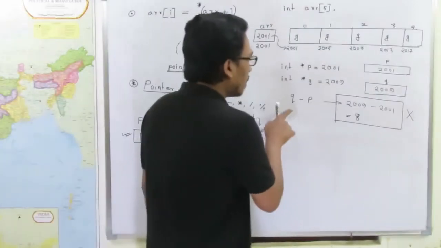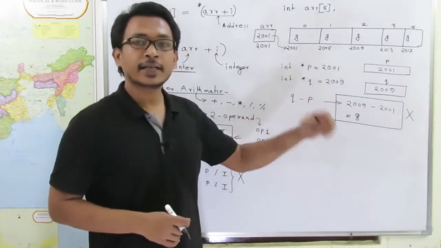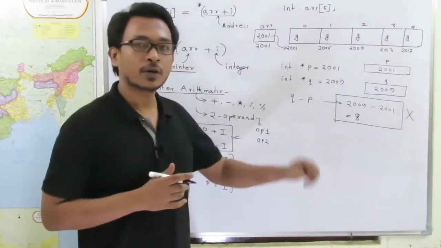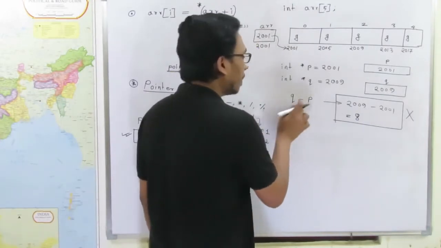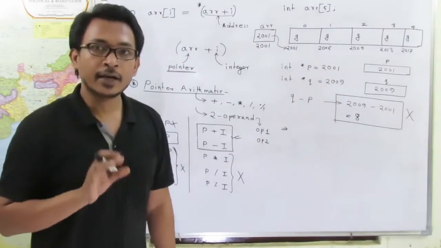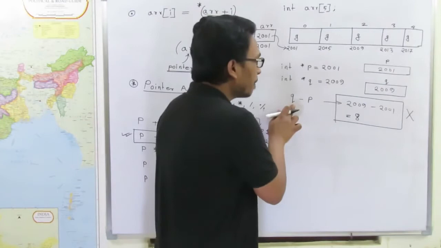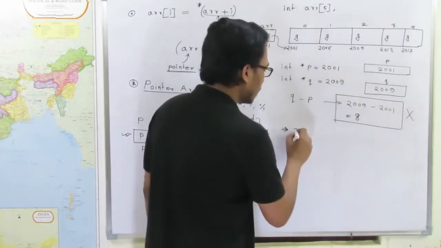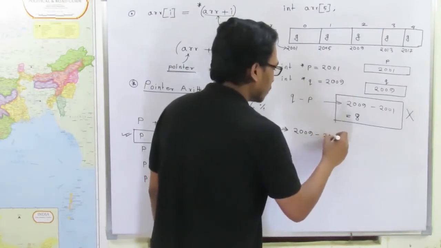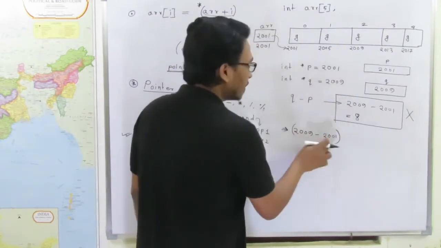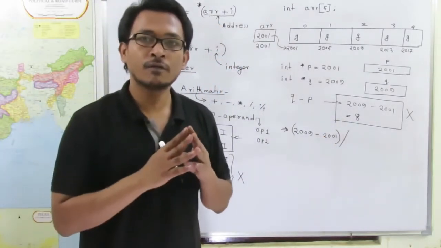So how does the system perform the subtraction when both operands are pointers? The value of q is 2009, the value of p is 2001. The result of this subtraction will be divided by the size of data.